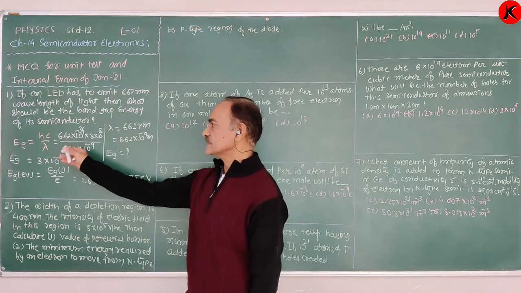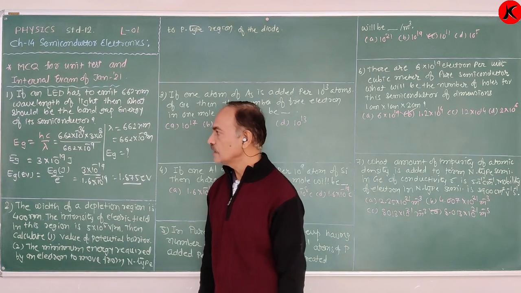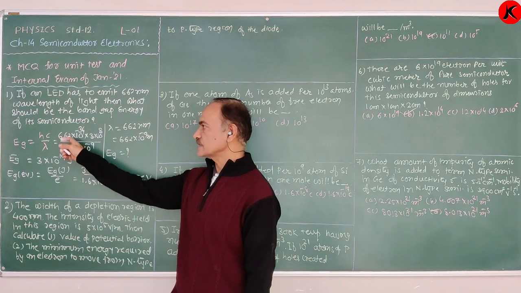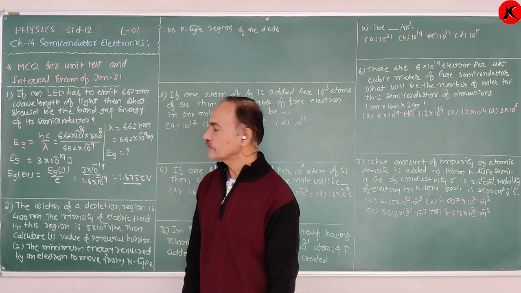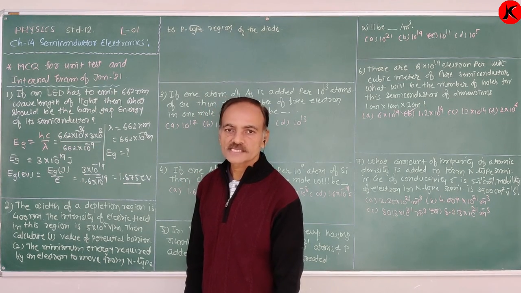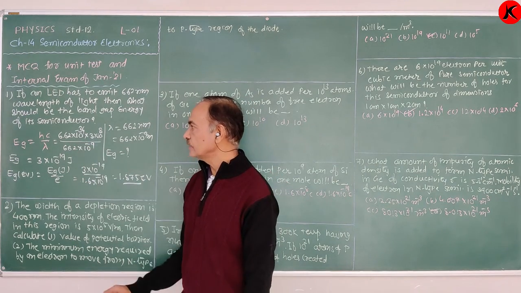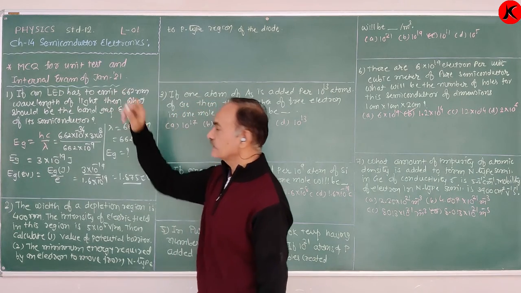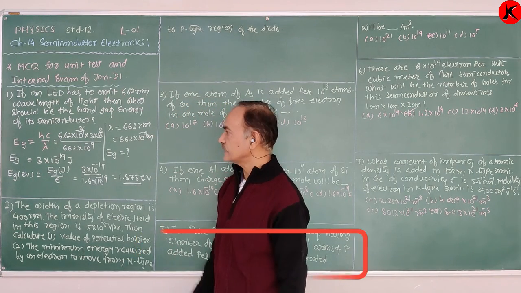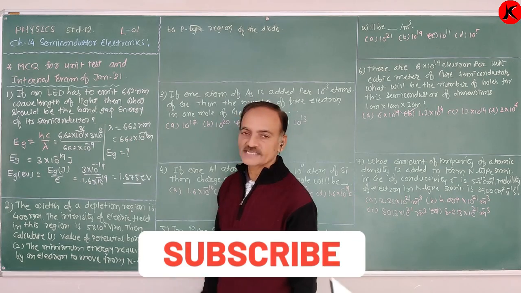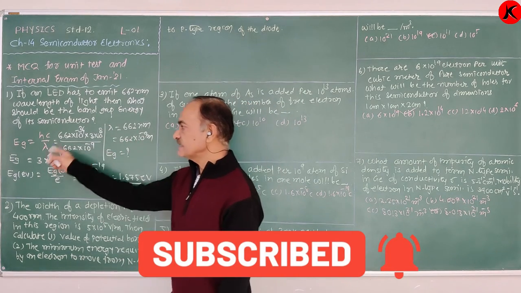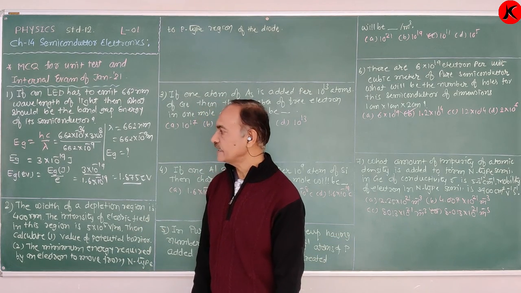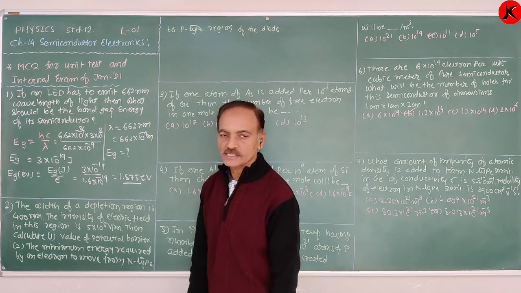We can calculate first the band gap energy in joule. So by substituting the values of h, c and lambda: h is Planck's constant 6.62 into 10 to the power minus 34, c, velocity of light in vacuum, 3 into 10 to the power 8, divided by wavelength lambda, given as 662 nanometer. Therefore 662 into 10 to the power minus 9 meter. Simplified, we get the band gap energy 3 into 10 to the power minus 19 joule. Convert into electron volt.